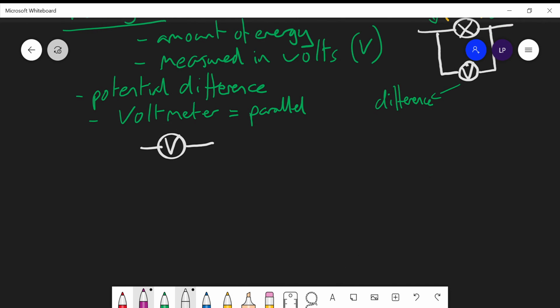And then finally, resistance. And it's just like it sounds. It's how the wires or components resist against the flow of charge.